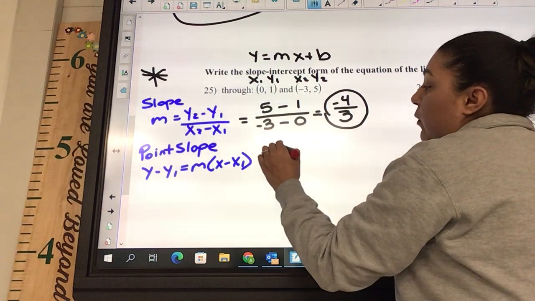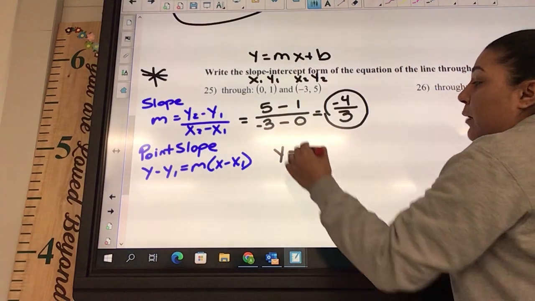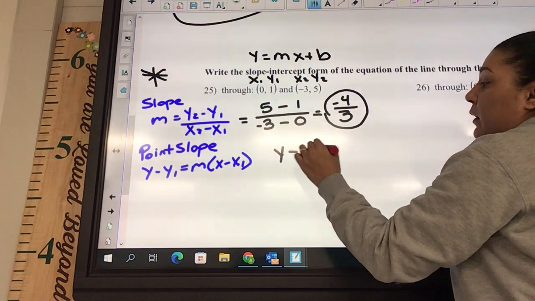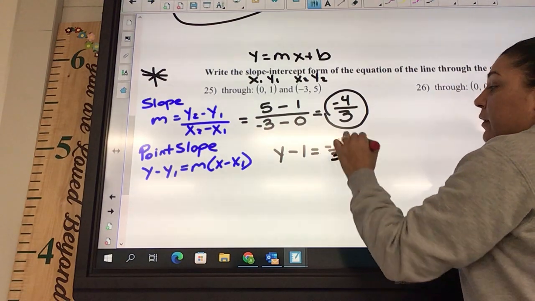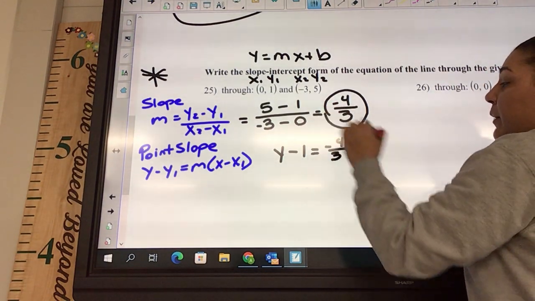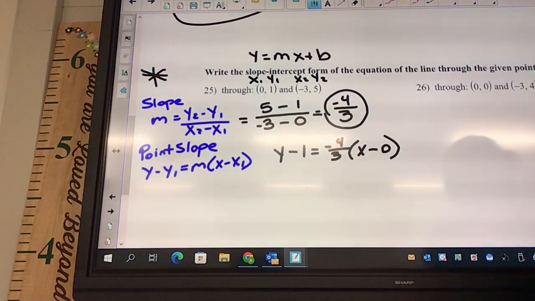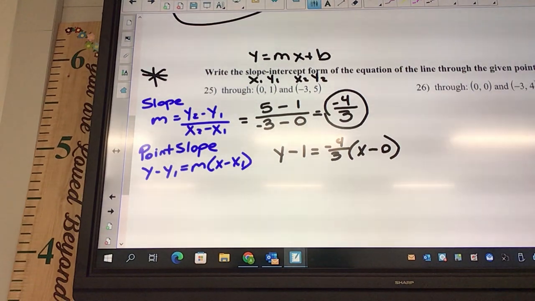Okay, so we're gonna have y minus my y1 is 1 equals my m is that -4/3, x minus my x1 is 0. Okay, I will try to pick a problem that's not gonna have fractions everywhere, but sometimes that's just the way it works out, okay?